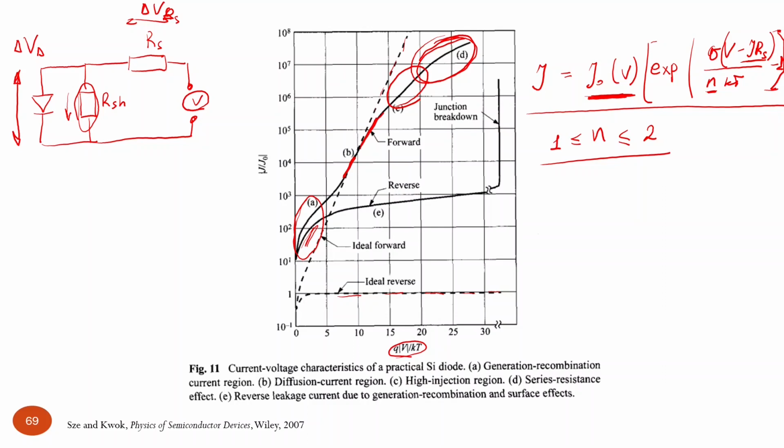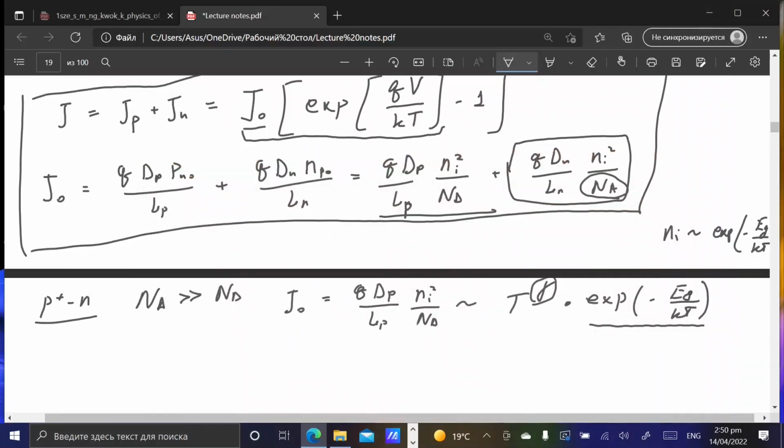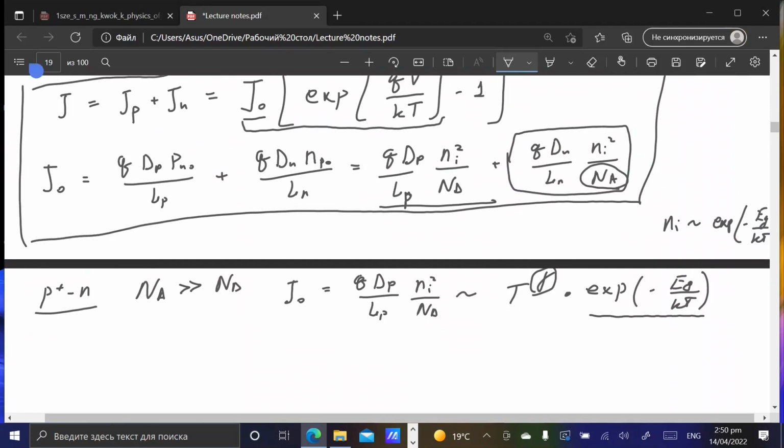By the way, we have shown here that reverse current J naught is proportional, let's consider this case of a heavily asymmetric p-n junction, to Ni. So we also highlighted the temperature dependence, but here there is also Eg, band gap dependence. So the wider band gap material we use, the smaller this reverse current will be.